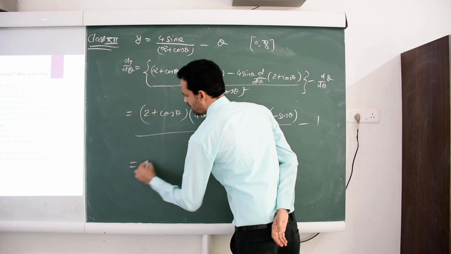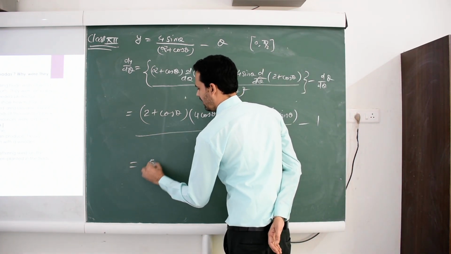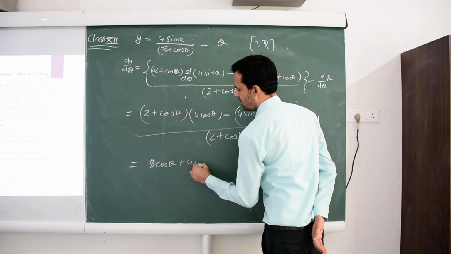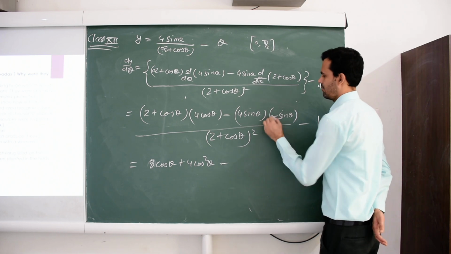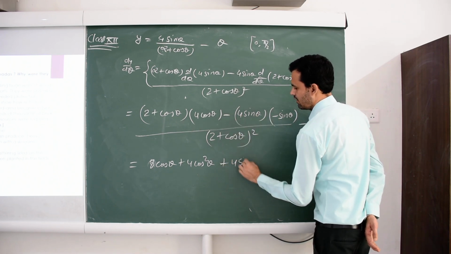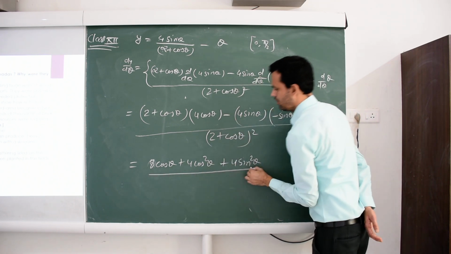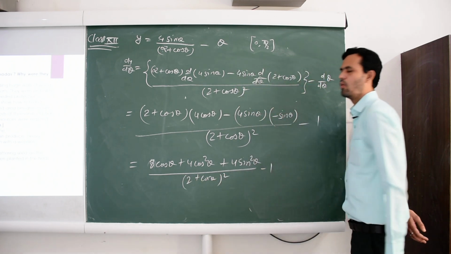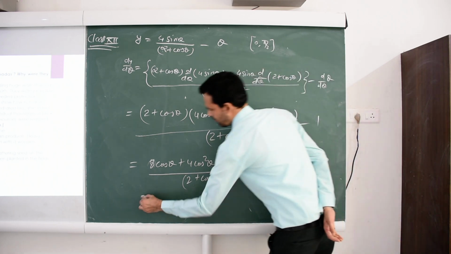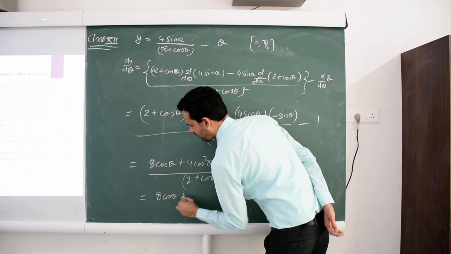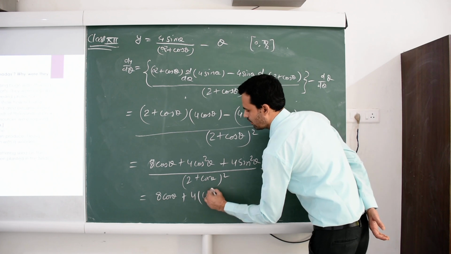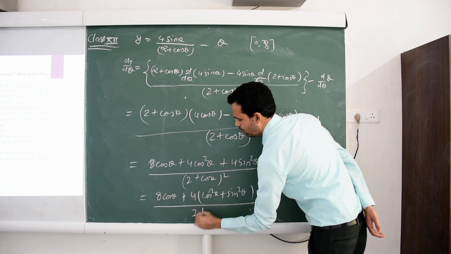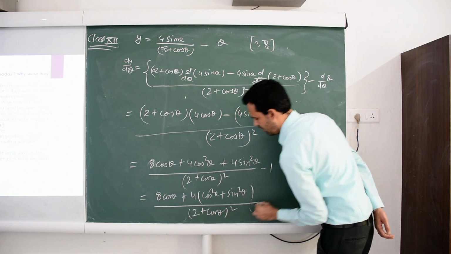Now multiply it. So 4 twos are 8 cos theta plus 4 cos square theta plus 4 sin square theta upon 2 plus cos theta whole square, minus 1. Taking 4 common, 8 cos theta plus 4 times cos square theta plus sin square theta upon 2 plus cos theta whole square, minus 1.